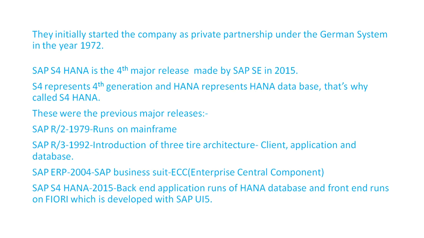In the fourth generation, that means the present generation, there was a radical change, and that radical change was also due to changes in information technology, due to the hardware changes. So what is the radical change? In previous generations, it was not possible to access SAP through mobile phones, iPhones or iPads.